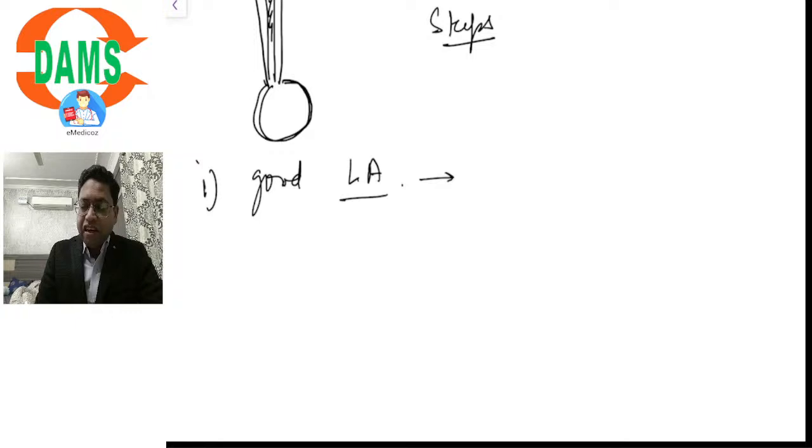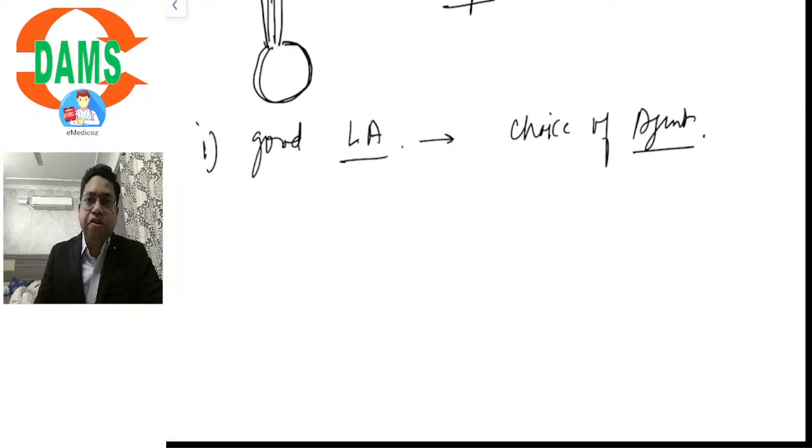Now, this local anesthetic is principally the same anesthetic that we have been using regularly for other procedures like root canal, etc. The only difference that is important is the choice of agent, which local anesthetic agent we would be using.